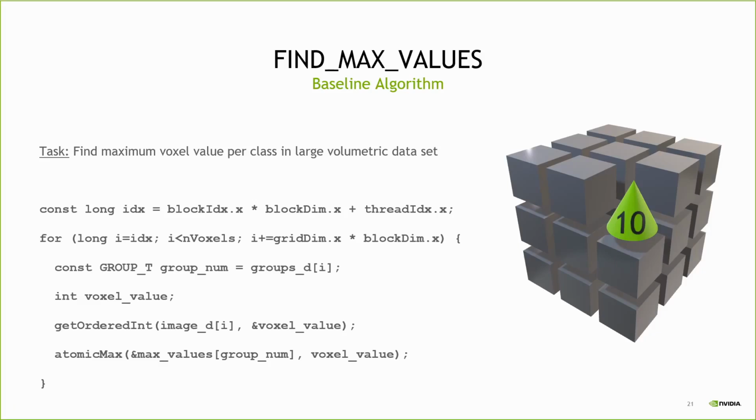This is one of the kernels, one of several that we have to run as the algorithm iterates. Its goal is, for all of the voxels that are members of a particular group, to go find the maximum value that exists for any of those voxels. And because any voxel could be a member of any group, we don't really have a nice memory access pattern.